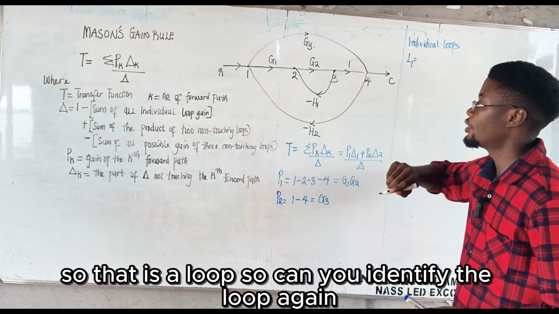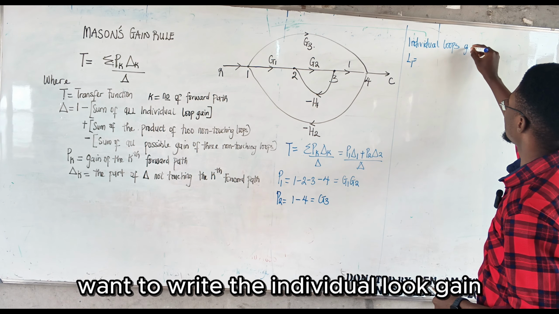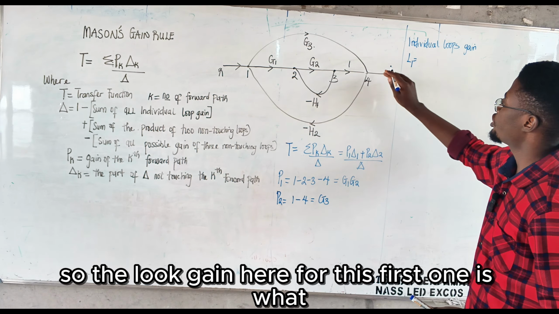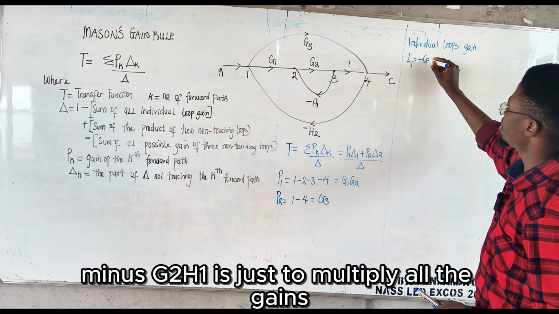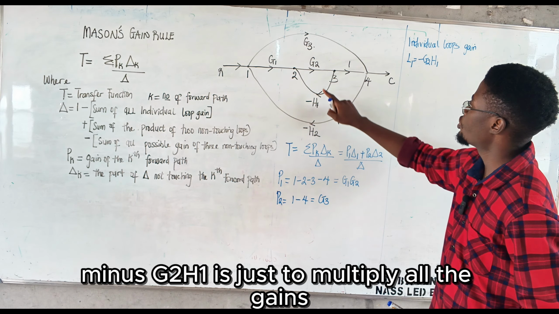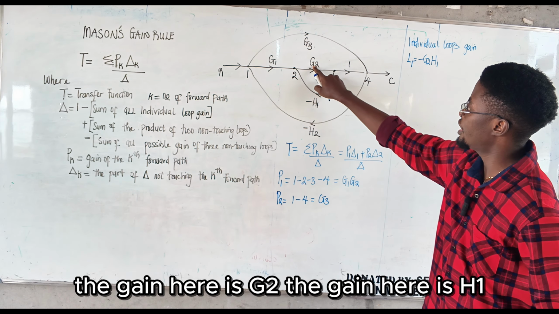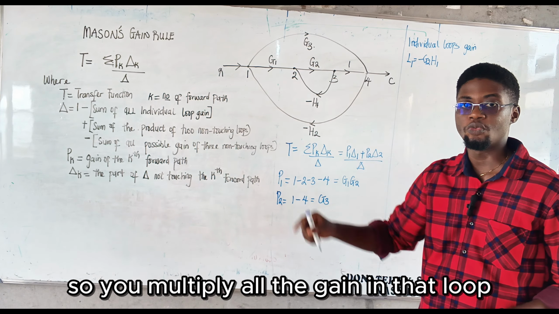So that is a loop. Can you identify the loop gain? We want to write the individual loop gain. What is the loop gain here for this first one? Minus G2H1. It's just to multiply all the gains. The gain here is G2, the gain here is H1. So you multiply all the gains in that loop.